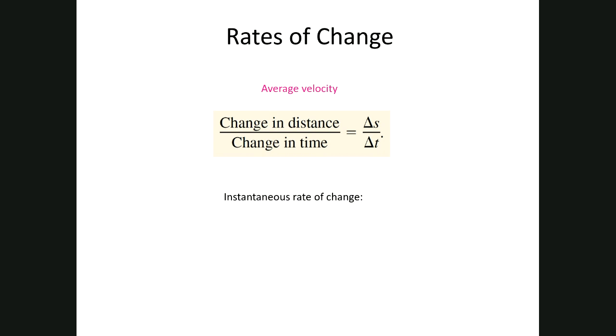Instantaneous rate of change is the rate at any particular moment, okay? It's instantaneous. So there are 2 different things: the average velocity, change in distance over change in time, and instantaneous rate of change, which is basically instantaneous velocity.